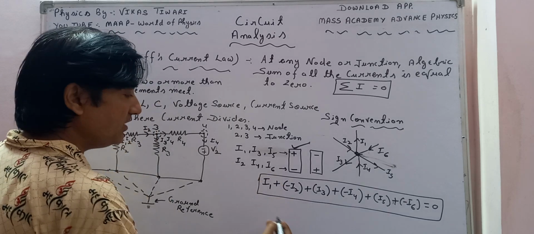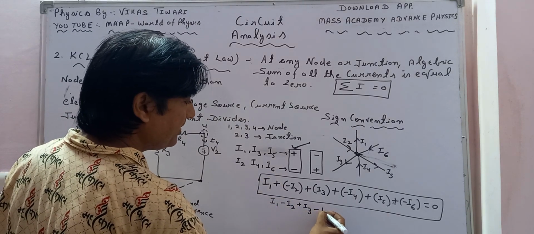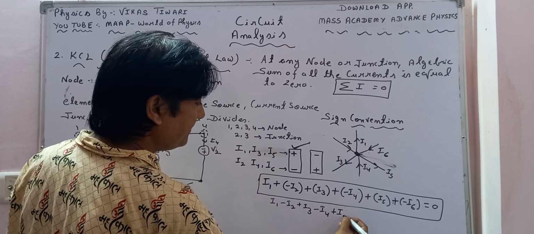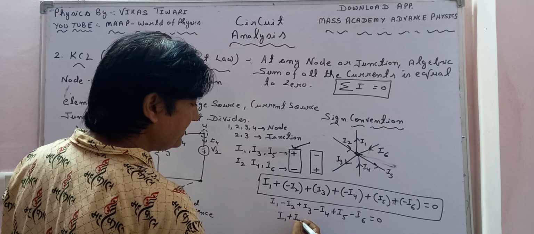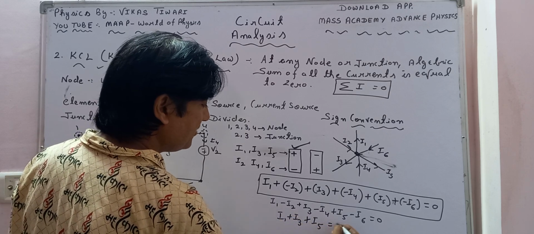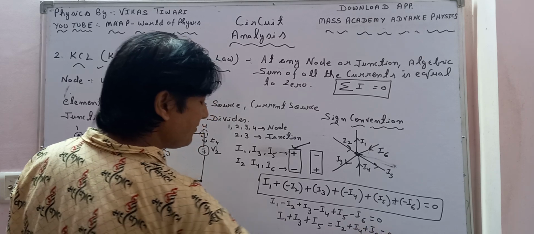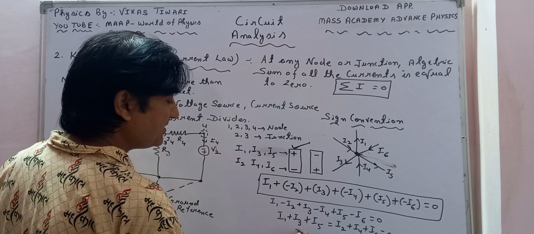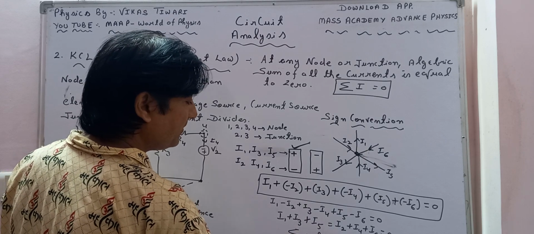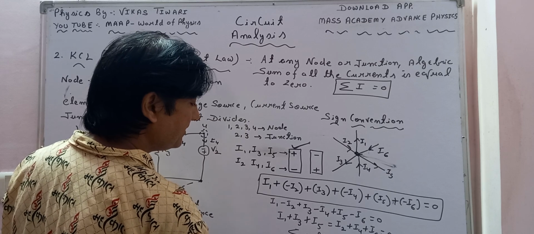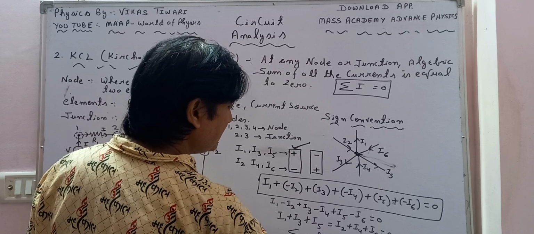For calculation you can write I1 minus I2 plus I3 minus I4 plus I5 minus I6 is equal to 0, or I1 plus I3 plus I5 is equal to I2 plus I4 plus I6. So this is the summation of outgoing currents, and this is equal to the summation of incoming currents.